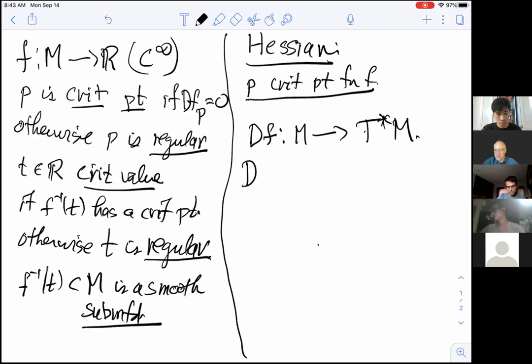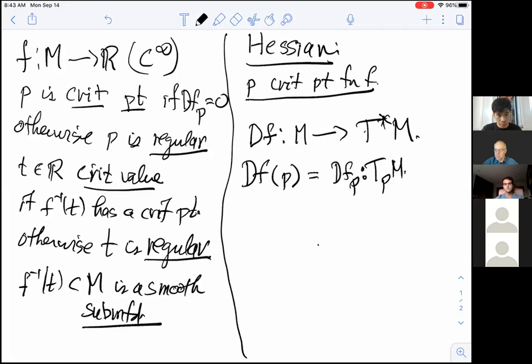Its value at a point P is simply the differential of F at P, thought of as a linear map from the tangent bundle of the manifold at P to R, which is an element of the dual bundle to the tangent bundle. So that's an element in the cotangent bundle at P. Well, I shouldn't say P here, I should say X. This is true at any point.